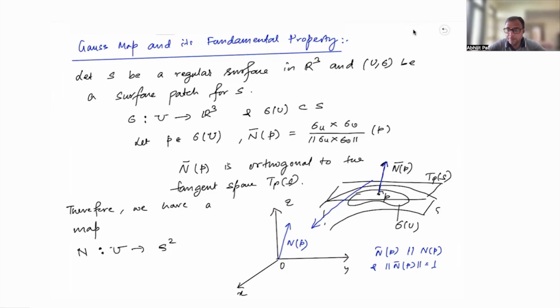So n bar P is the unit normal vector starting at the point P, and it is orthogonal to the tangent space T_P S. Then we are translating this n bar P to the origin to get the vector N_P. So this N gives a map from U to the unit sphere.